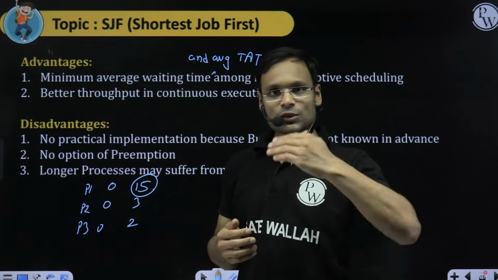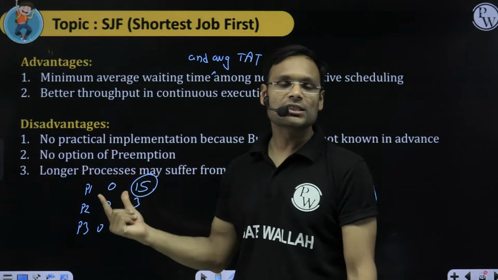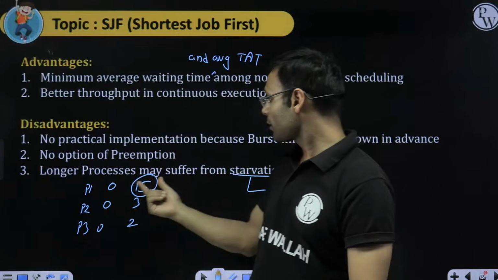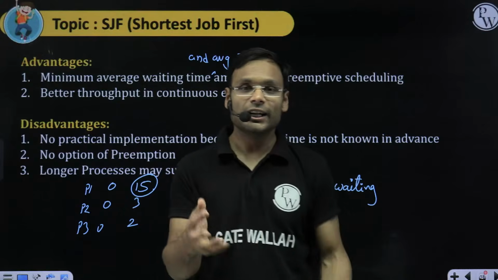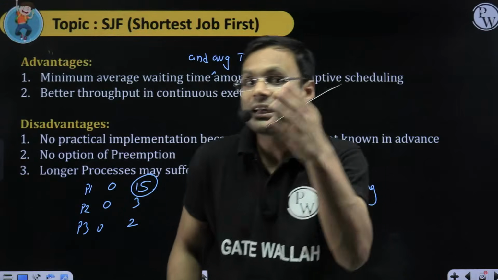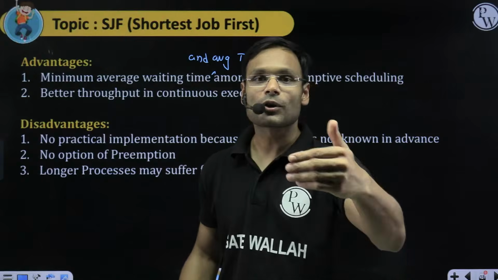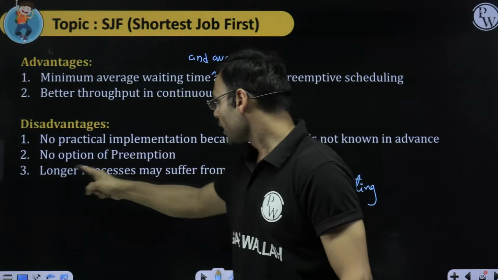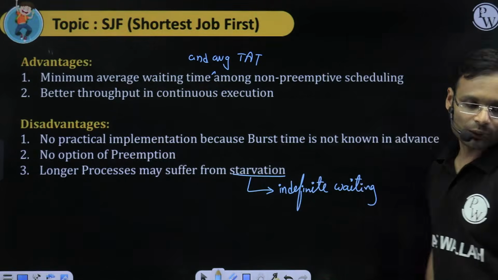Only when processes stop coming will this process get the CPU, or if the coming processes are bigger. But it is not definite, it is not fixed when P1 will get the CPU. So larger processes may have to wait for an indefinite time. A longer process may suffer from starvation, indefinite waiting.